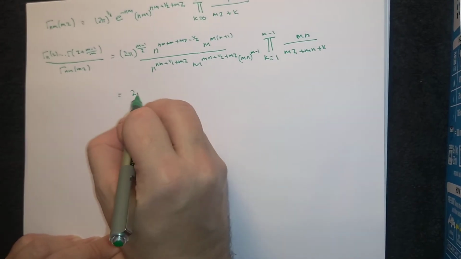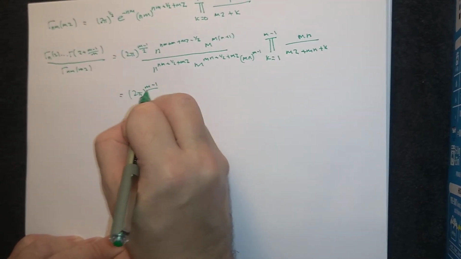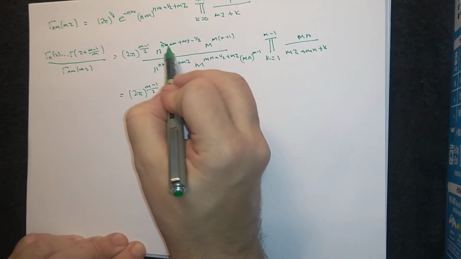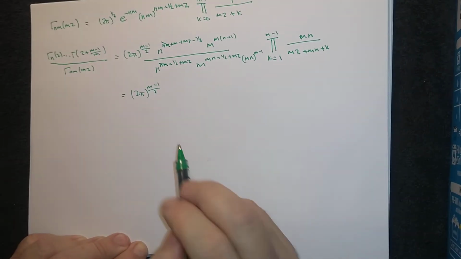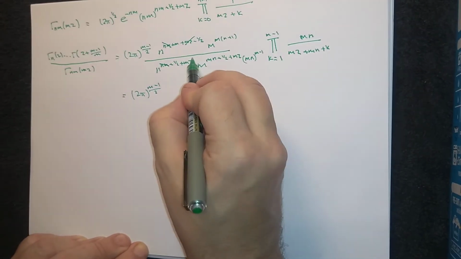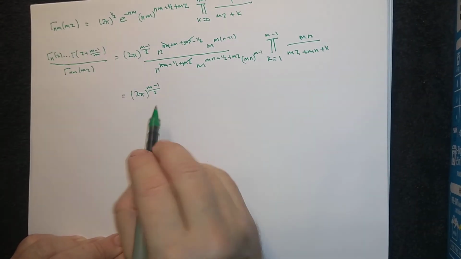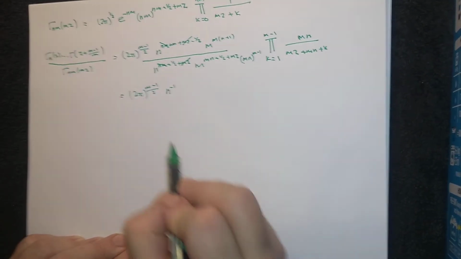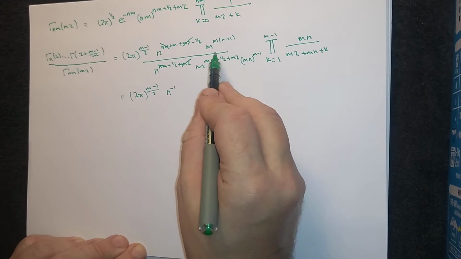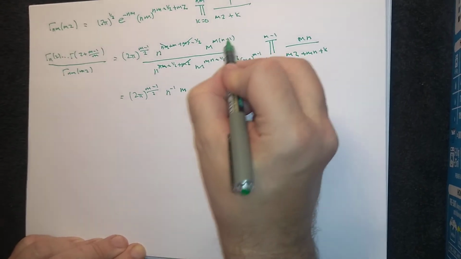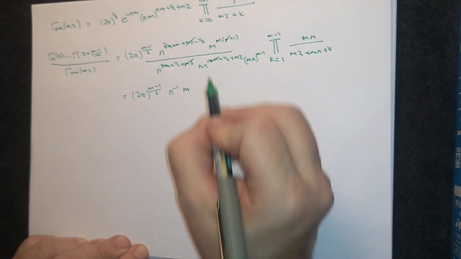So this gives 2 pi to the n minus 1 over 2. That cancels with that. That cancels with that. We have a 1 over n. We have m to the n, and that cancels with that.